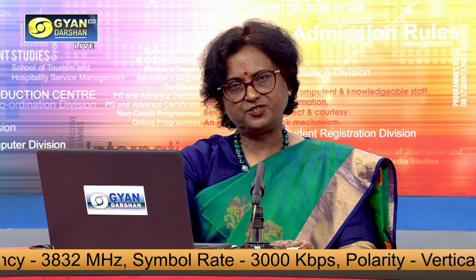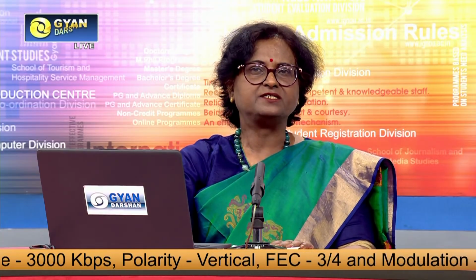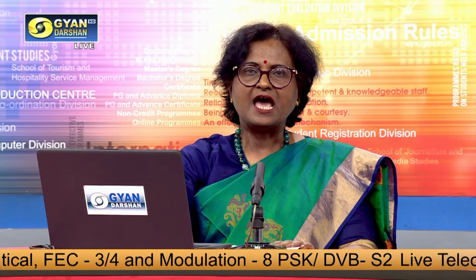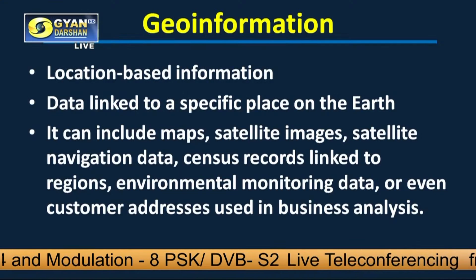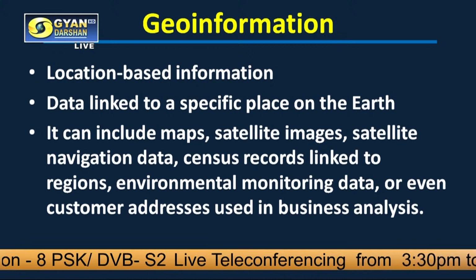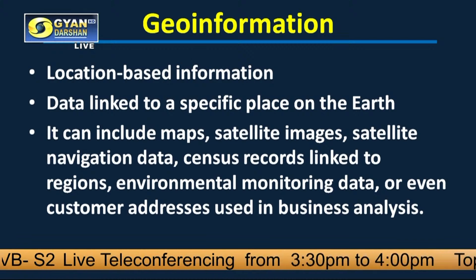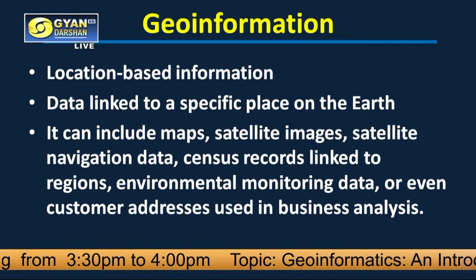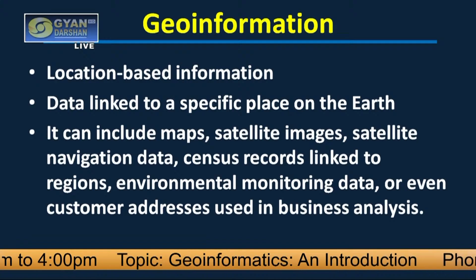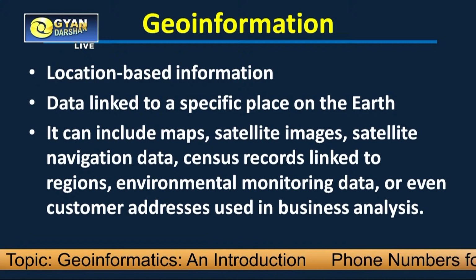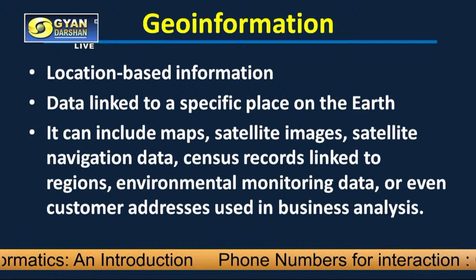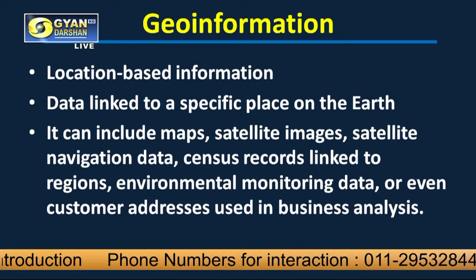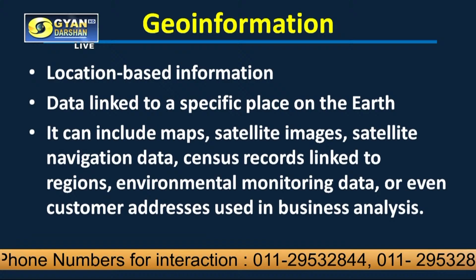So, what is geoinformation and what are its applications? Geoinformation is application-based information and data linked to a specific place on the earth. It can include maps, satellite images, satellite navigation data, census records linked to regions, environmental monitoring data, or even customer addresses used in business analysis.